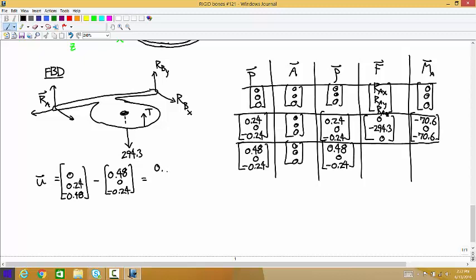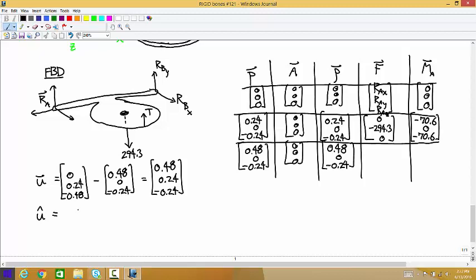So you get positive 0.48, positive 0.24, negative 0.24. And now we just have to make that a unit vector. So what do you get if you normalize that?